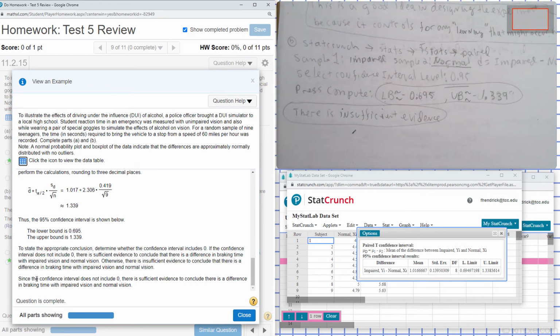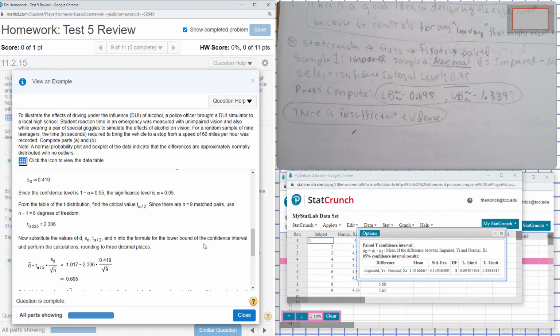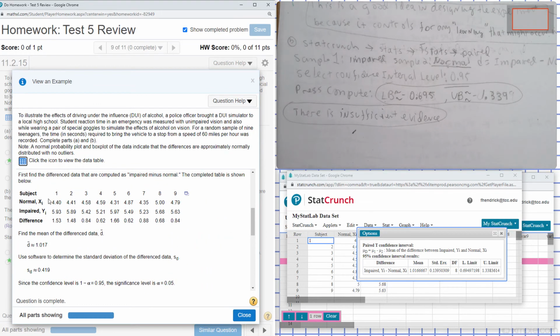So where does this 0 come from? Well, if we go back up to this table, if the average difference was 0, then that would mean that the normal and impaired times would have to be the same. The difference would be 0, so 0 would be included in the interval.